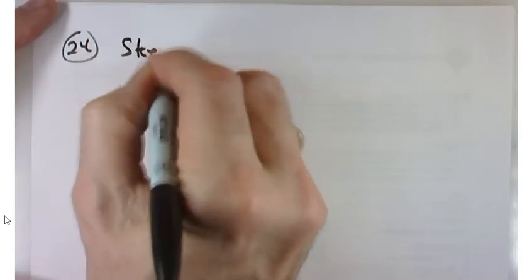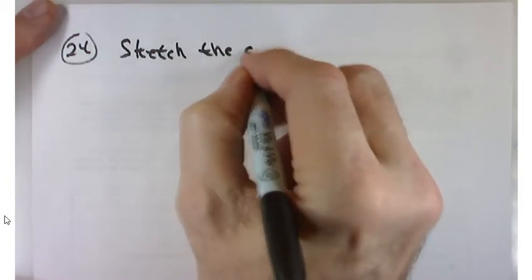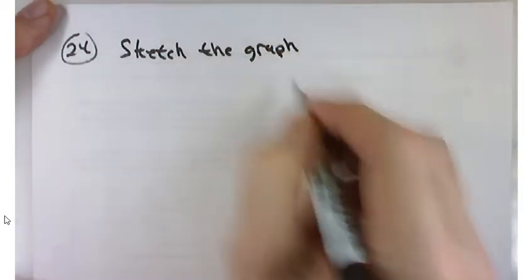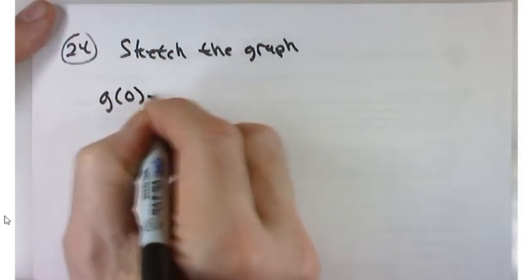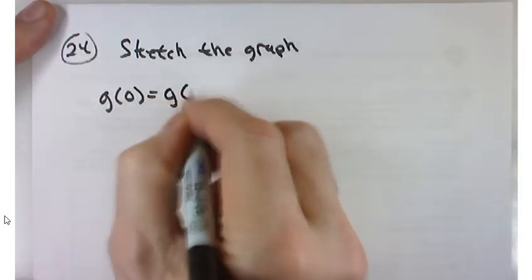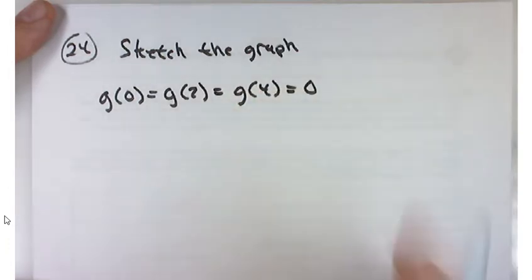You're going to be asked to sketch the graph of g, and you're given this information. g of 0 equals g of 2 equals g of 4 equals 0.